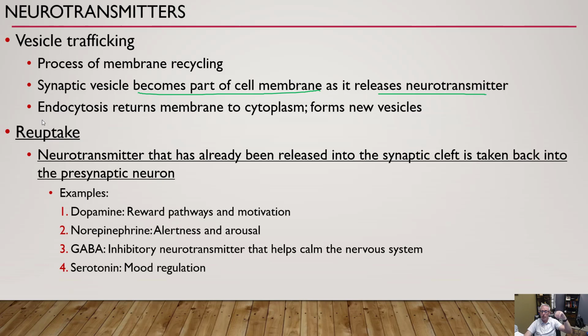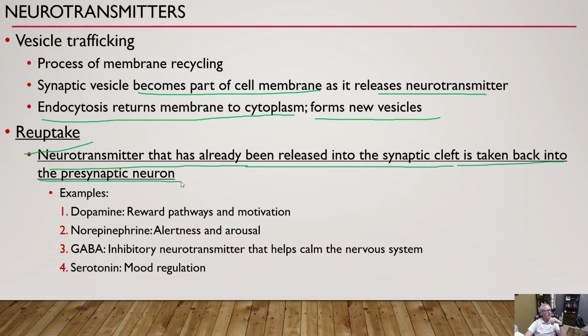Sometimes some neurotransmitters get taken back up into that synaptic knob by endocytosis and form new vesicles. That's called reuptake, where the neurotransmitter goes from the synaptic cleft back into the presynaptic neuron. Remember, acetylcholine does not work that way. Acetylcholine gets broken down by acetylcholinesterase.